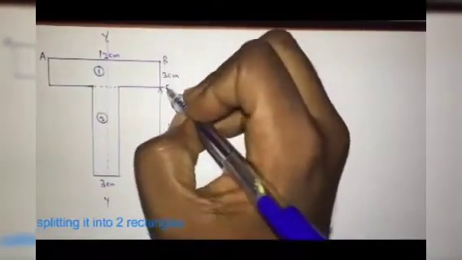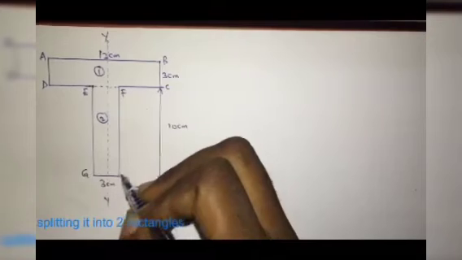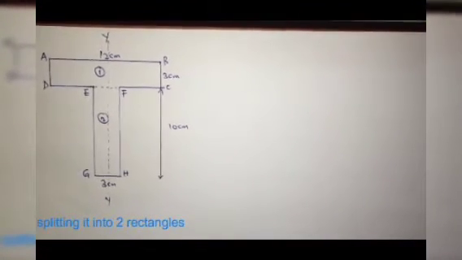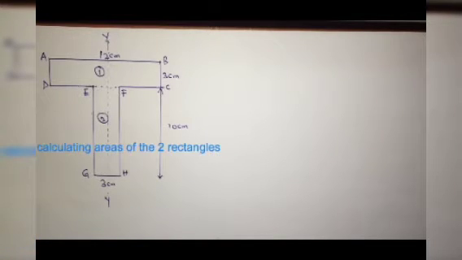So in this case, we name the first one, rectangle ABCD, as the first rectangle and EFGH as the second rectangle. After that, you can go ahead and calculate the area of the individual parts.